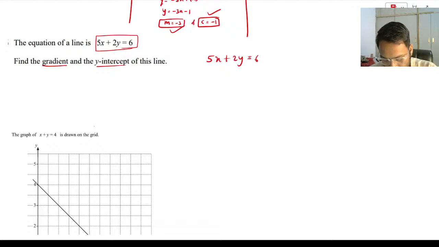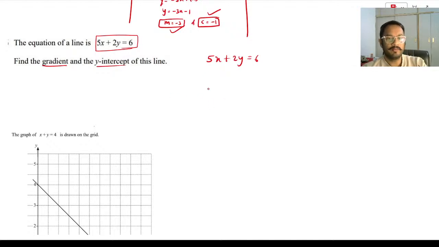Let's see who will answer first. I'm waiting for the answers now. Okay. Nobody had got the answer. So what is the M and what is C here? You just need to answer. What is M and what is C? Okay.